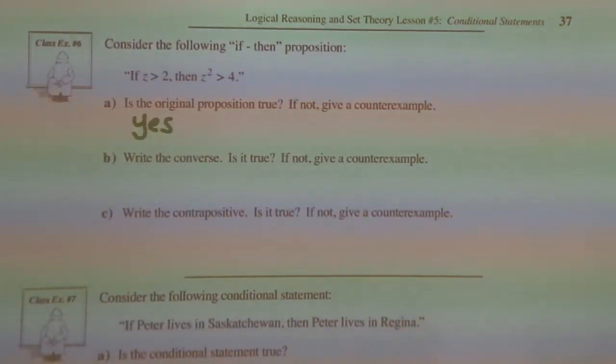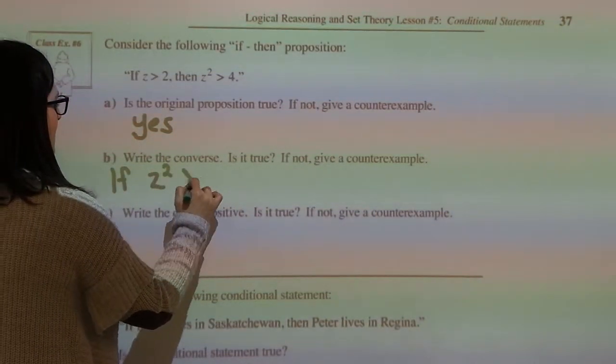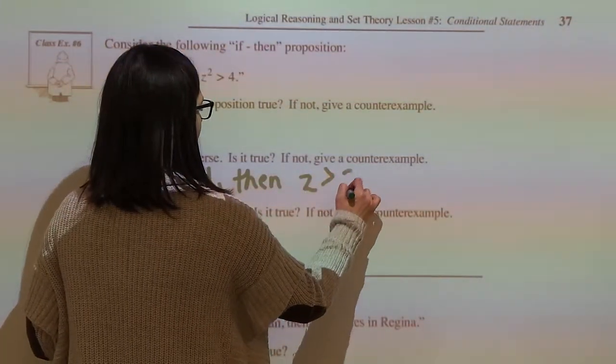Okay, so then let's write the converse. What would the converse be? The converse: take the if and then and switch them places. So if what? If z squared is greater than 4, then z would be greater than 2.